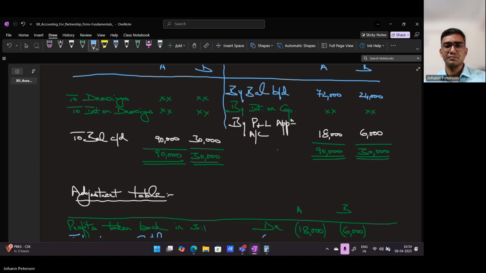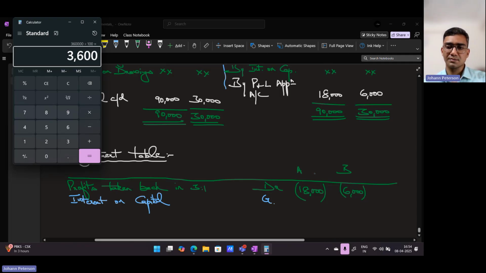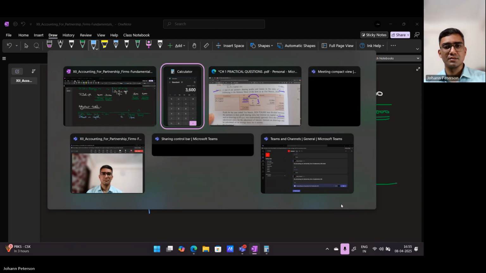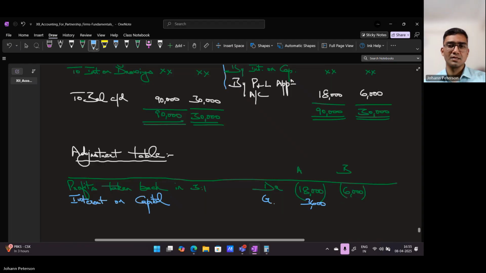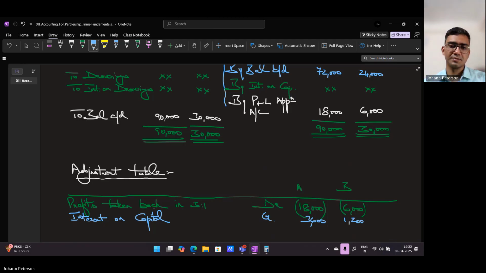So 72,000 into 5 divided by 100, which is 3,600. And the other amount is 24,000's 5%, which comes out as 1,200. Then interest on drawings.